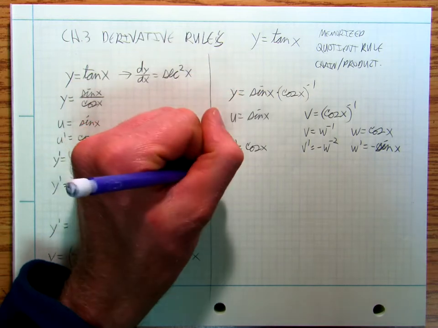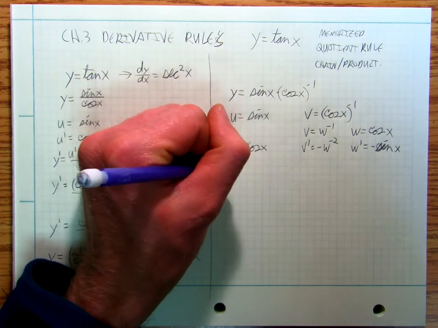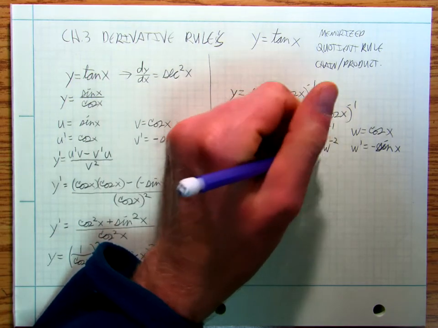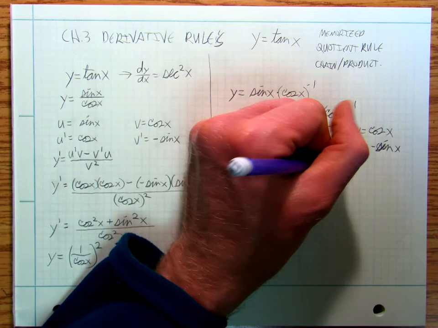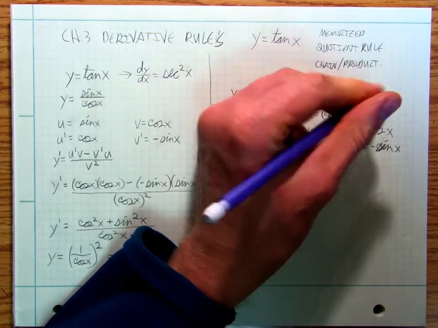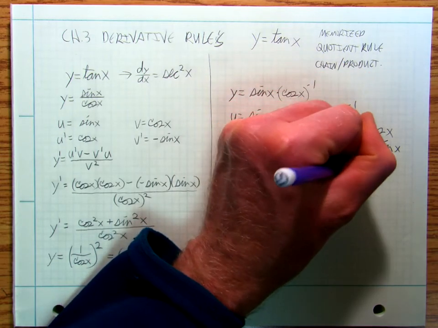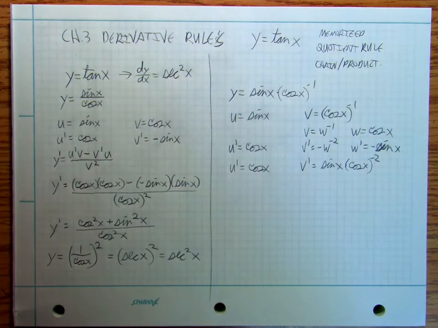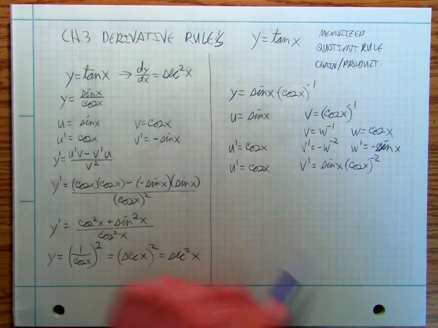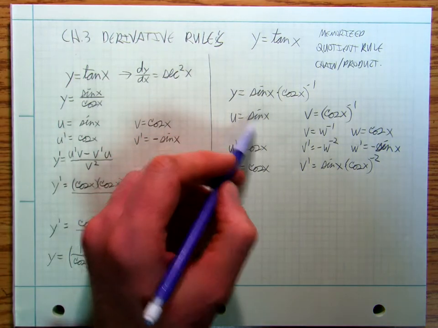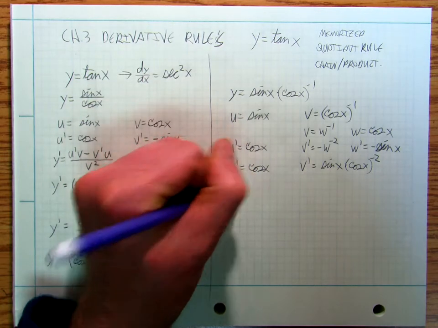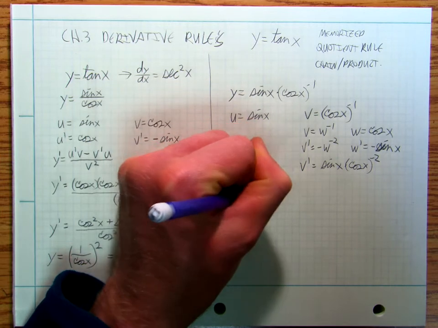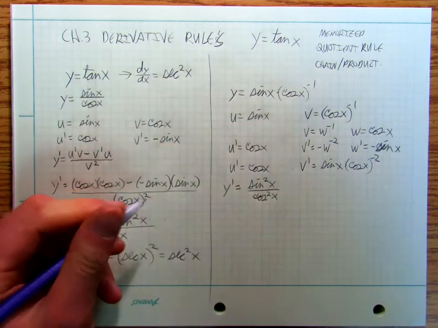So we've got u prime is equal to cosine x, just rewrite it. v prime is equal to negative, make that sine x times cosine x to the negative 2. And then we can just do it in whatever order we want. Boom, boom. So this times that is sine squared x over cosine squared x.